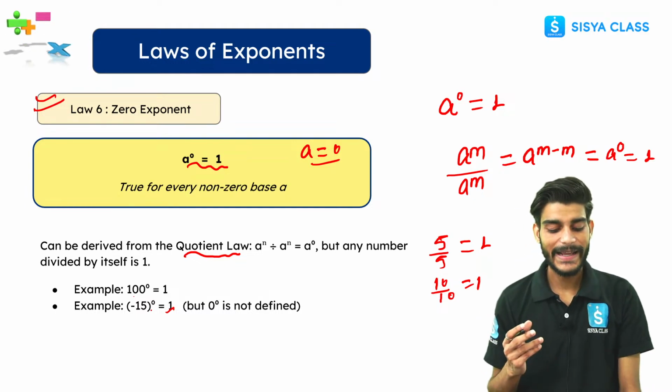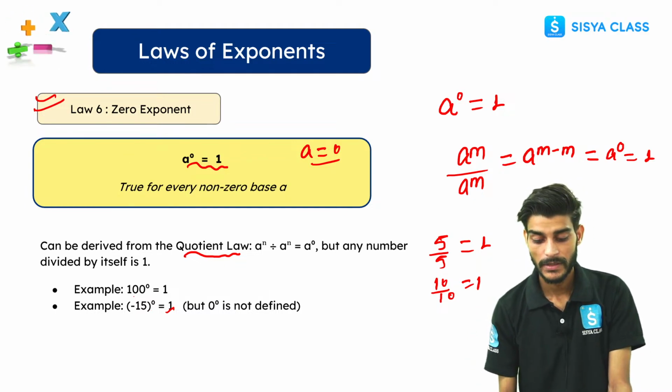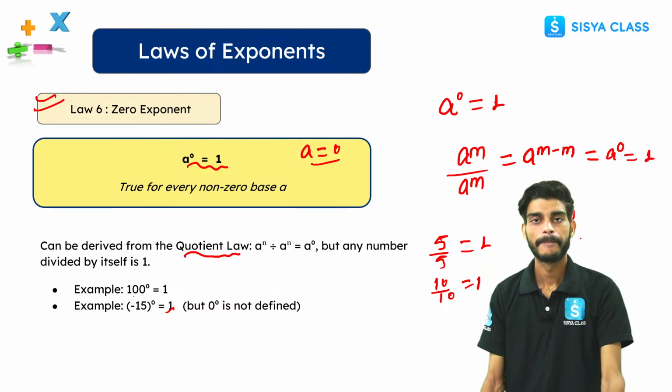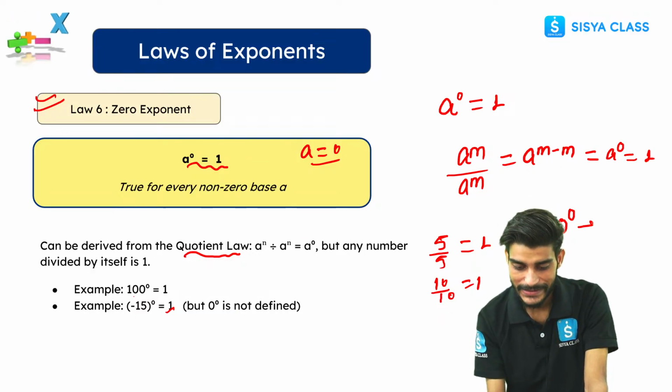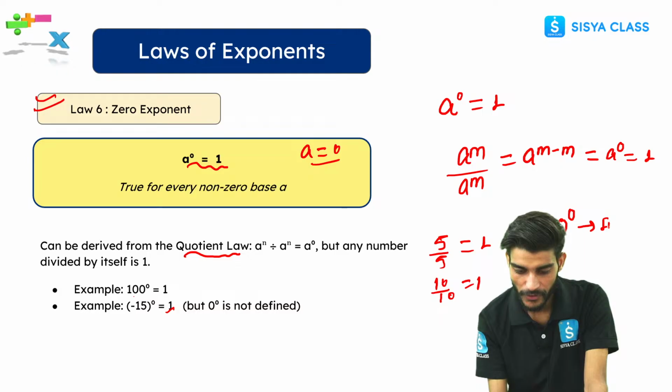But what if I take a equals 0? So 0 raised to the power 0. You do not need to study this now because this is an indeterminate form.